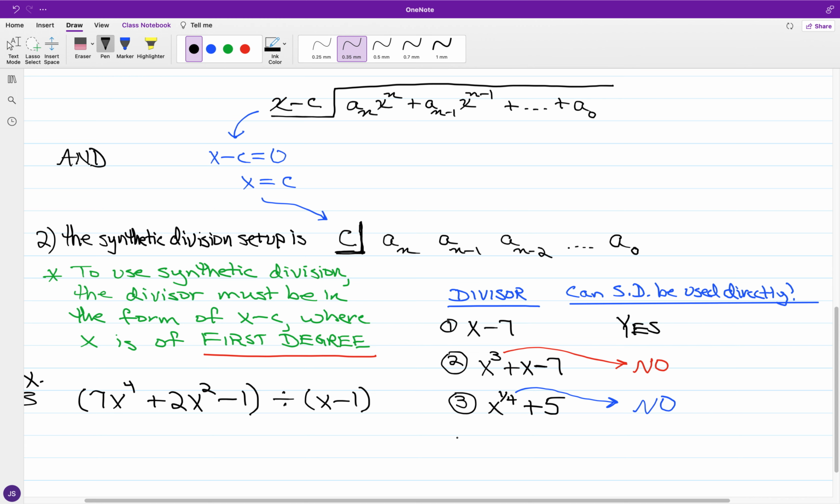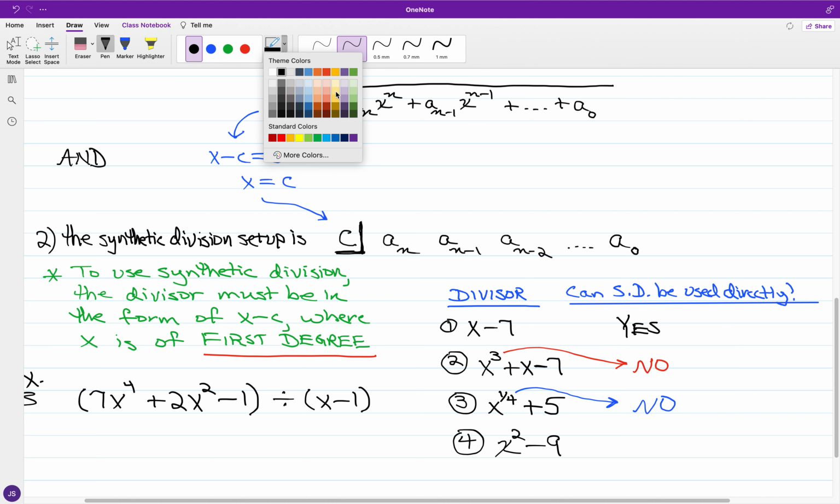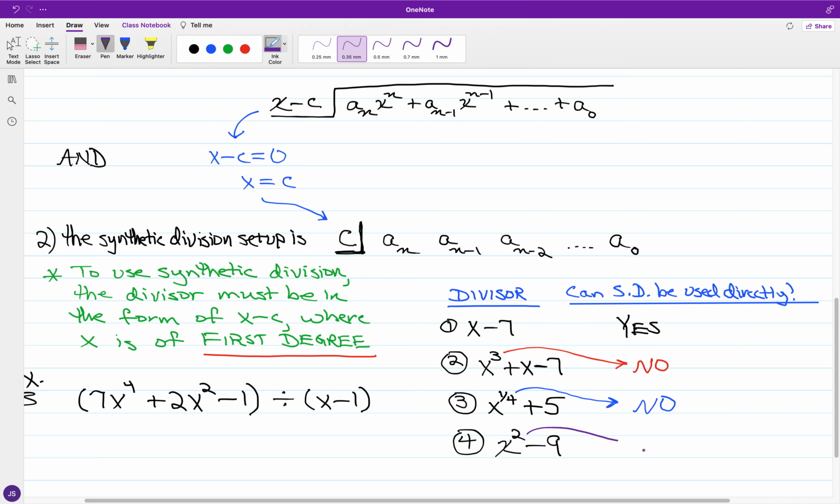And just another couple of cases here. If I have even something like a difference of squares, can I use synthetic division directly? Again, the answer is I cannot directly take it because we have the 2 as the exponent.